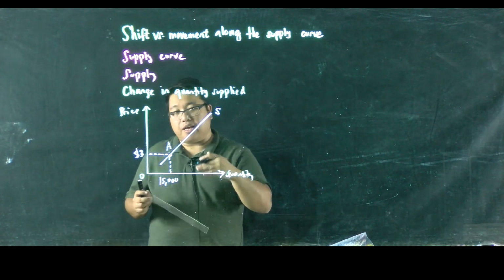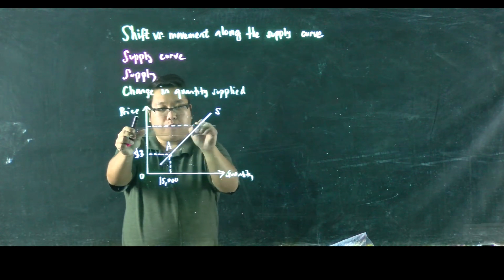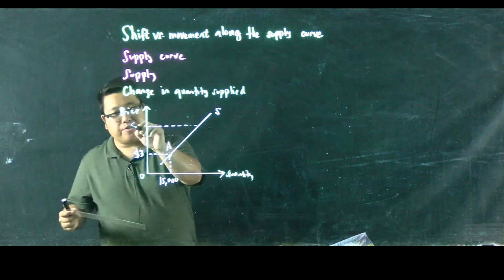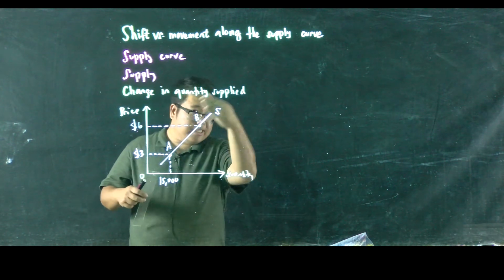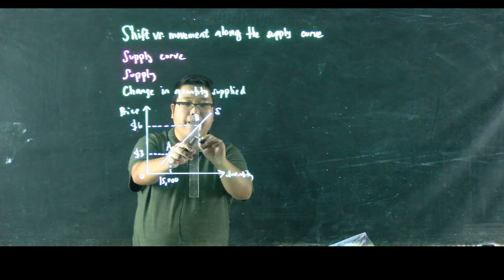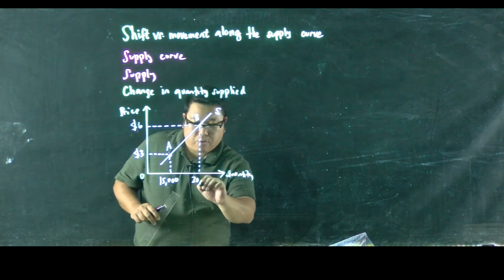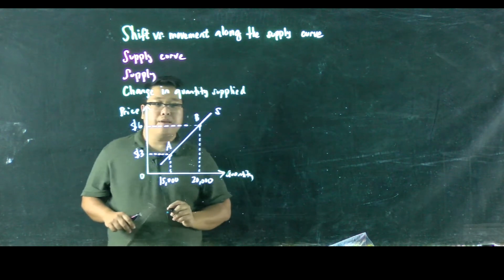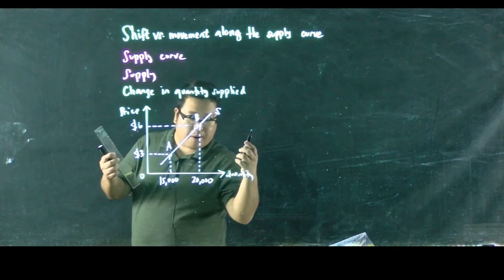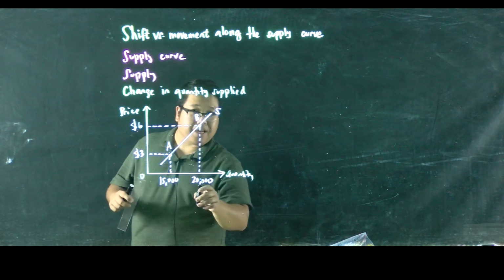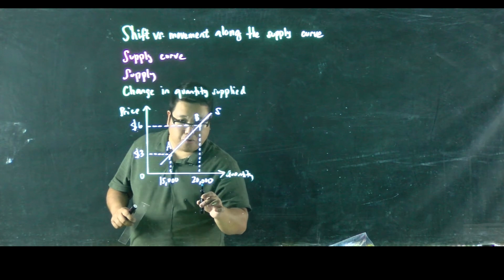And let's say price increased from $3 to, what do I have here? I have here $6, okay? And I call this point B. Given the increase in price, sellers are willing to sell more, say to around 20,000 units. So we see here that a change in price, in this case an increase in price, triggers an increase in quantity supplied from 15,000 to 20,000 units.